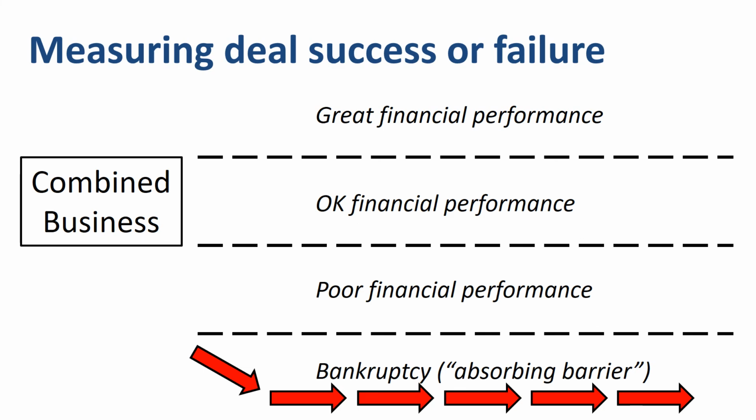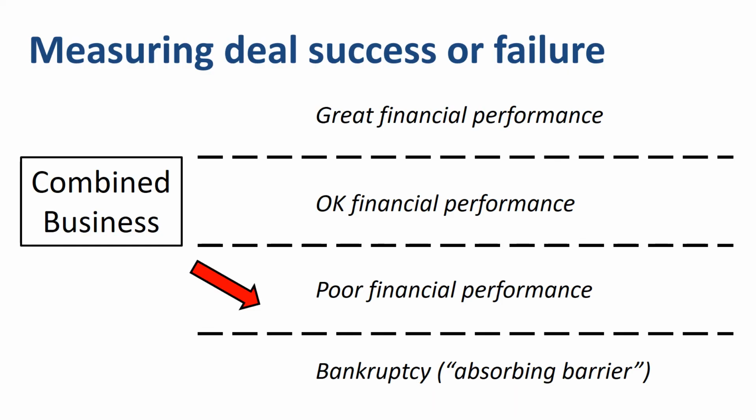A combined business might end in poor financial performance for a few years if it runs into integration and customer acceptance issues after the deal, but could recover and find an upward trajectory over time. At what point do we judge this as successful or unsuccessful? After 3 years? After 5 years? After 7 years?